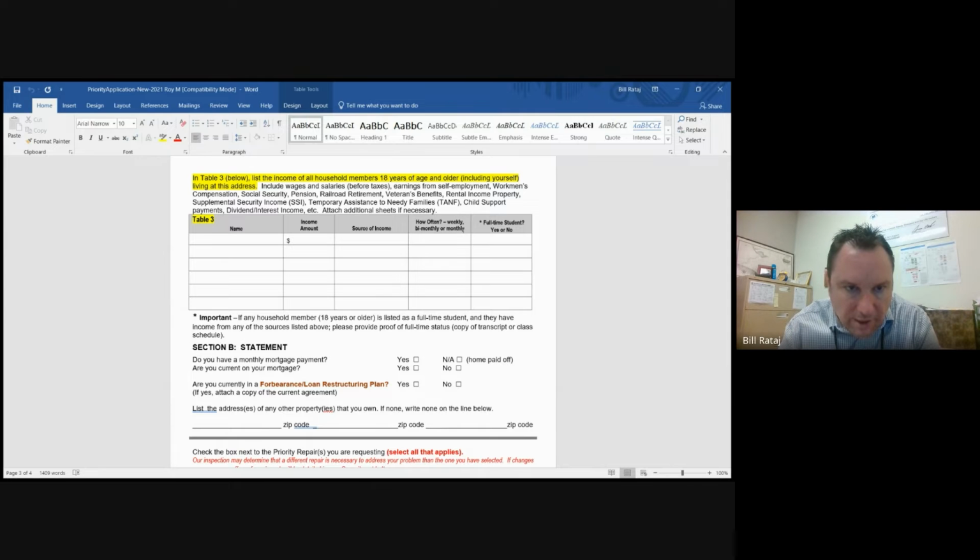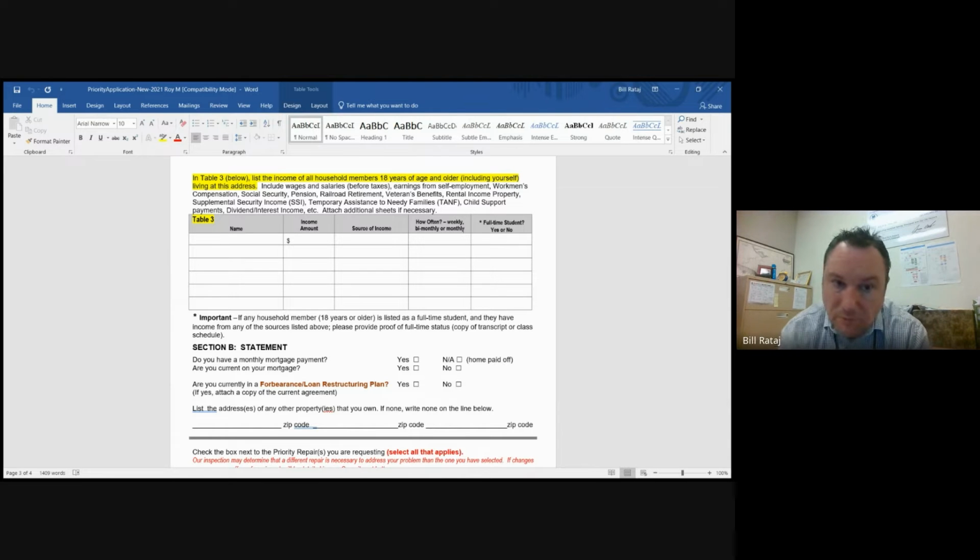Some folks get SSI or supplemental Social Security income. We need proof of that income. We also need proof of income for temporary assistance to needy families. That's that statement, what you get. Child support payments. So if you are getting child support, we need to know what that amount is.